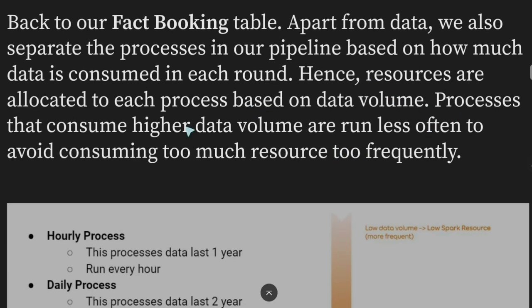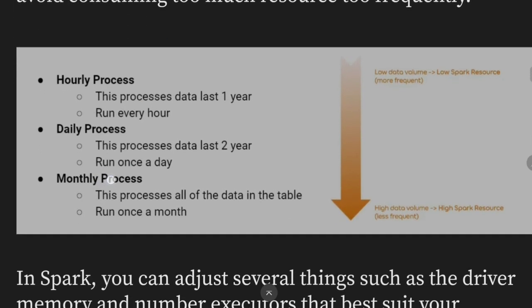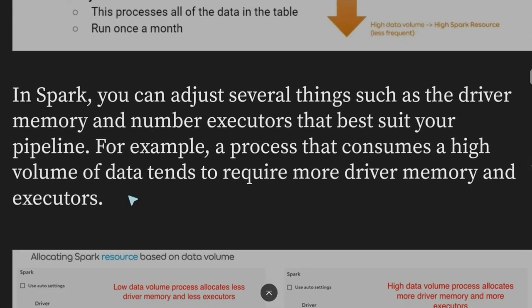Processes that consume higher data volume are run less often and avoid consuming too many resources frequently. Processes that run monthly need more resources because they have more data to process. Processes that run hourly usually need fewer resources.